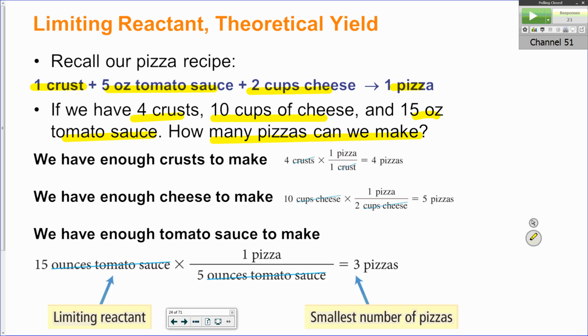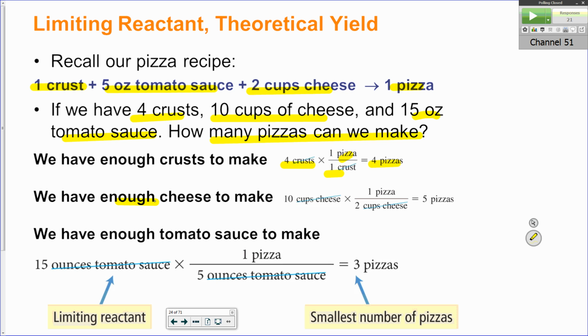So the concept that we need to find out is what is the limiting factor? Call that the limiting reactant or the limiting reagent. So what we need to do is look at every component or ingredient in this case, and find out how much pizza it could make. The ratio for crust is 1 crust per pizza, so there's enough crust to make 4 pizzas.